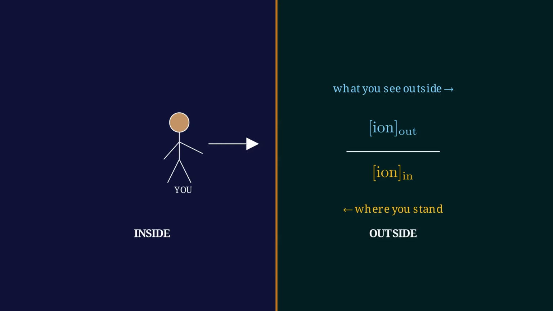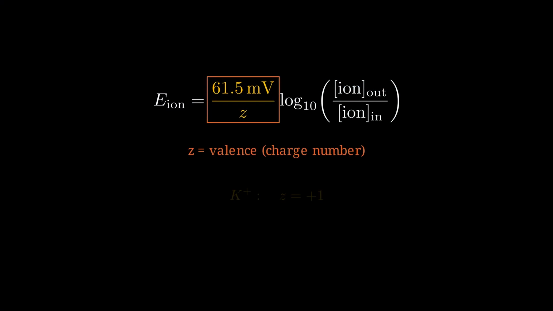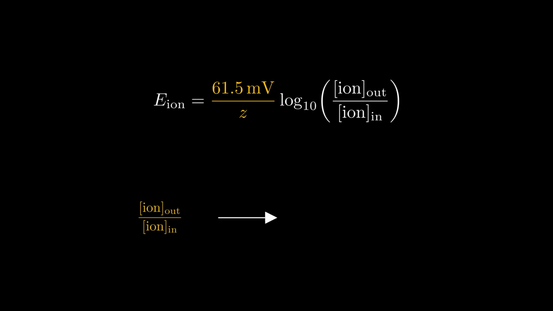So the concentration that you see on the outside goes on top, and the concentration you see on the inside goes on the bottom. Next we have Z, also known as the valence number or charge number of an ion. For example, potassium, which is K+, has a valence number of +1. The whole point of the equation is that it converts the concentration difference into a voltage.